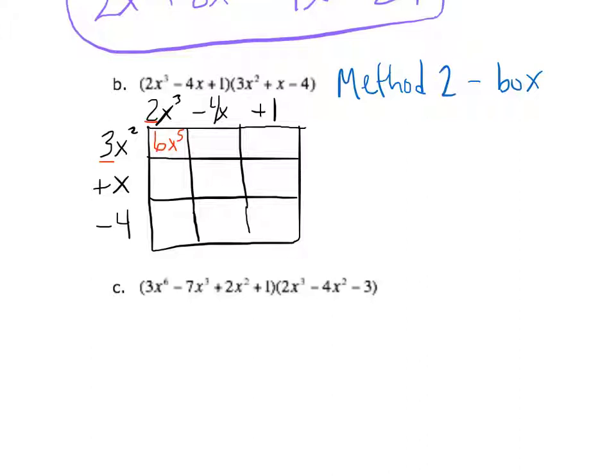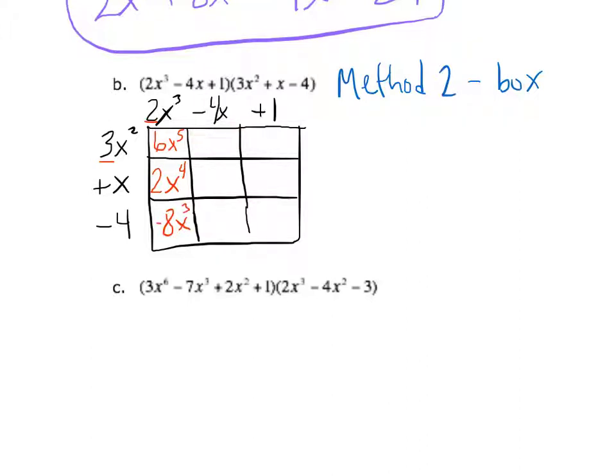As long as you fill in all these boxes, the order doesn't really matter. So I'm going to do this box. X times 2x to the third is 2x to the fourth. Now this box. Negative 4 times 2x to the third is negative 8x to the third.